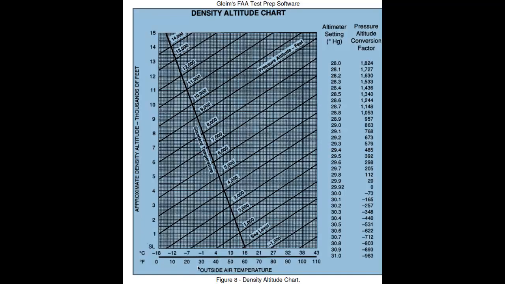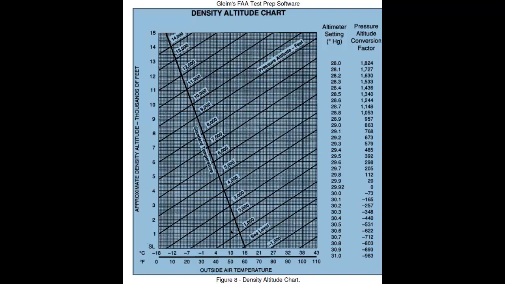So we find 30 degrees Fahrenheit on our temperature scale. We run this up to 3,000 feet pressure altitude, and then we run it over to our density altitude. And we come up with approximately 1,650 feet. Next, we find 50 degrees on our scale.